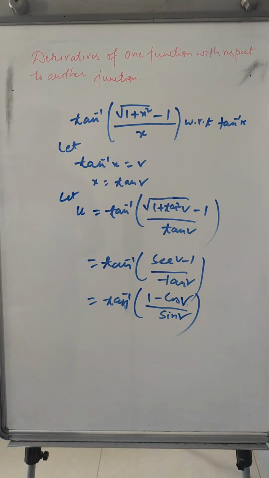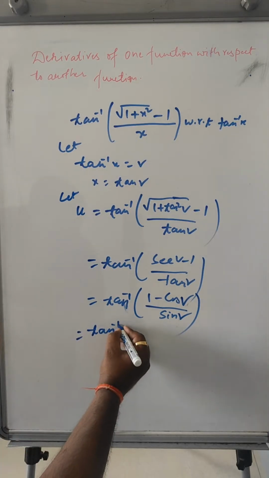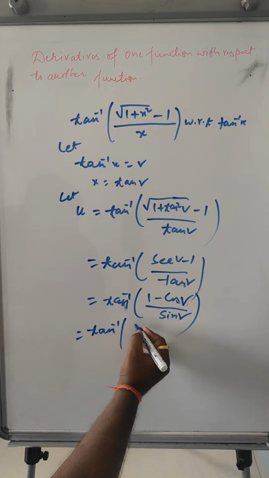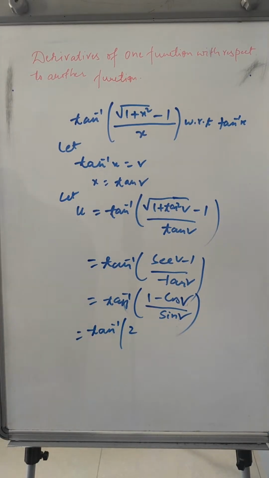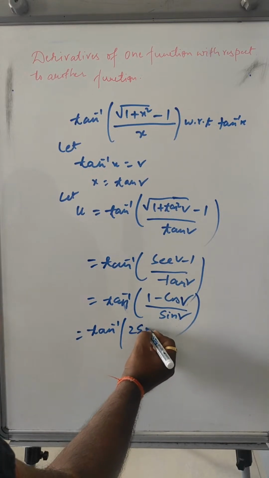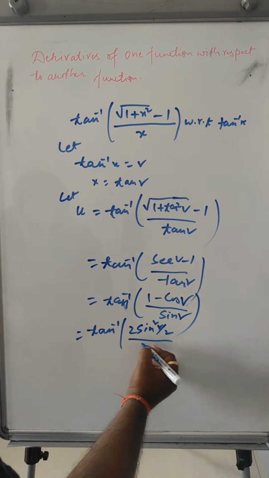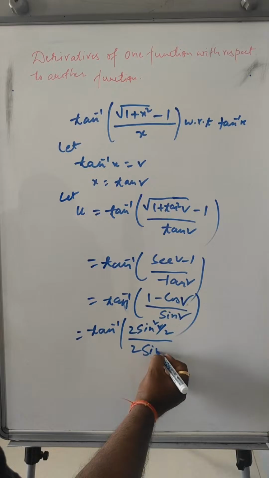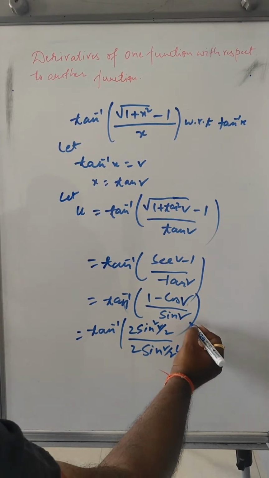Now this is a very simple, very clear problem. Okay, so this can be written as tan inverse of 2 sin square v by 2, and here 2 sin v by 2 cos v by 2.